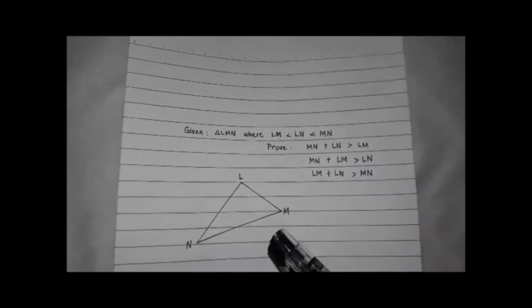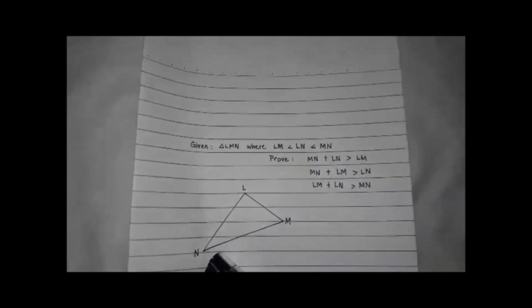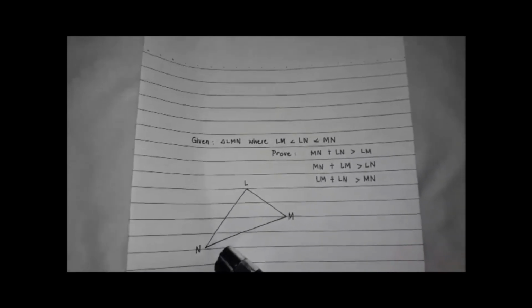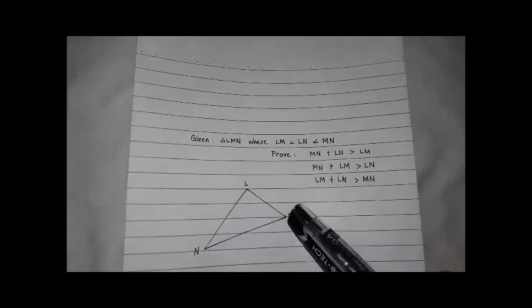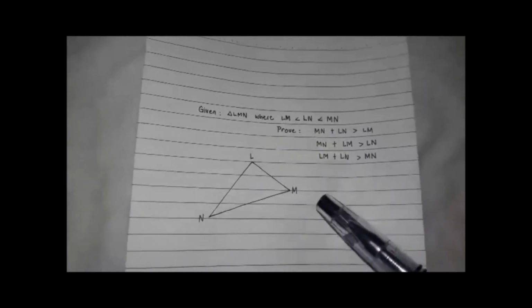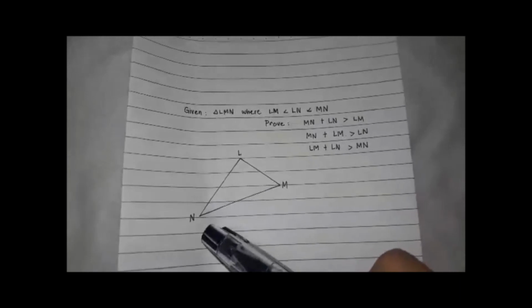Then it's obvious that MN plus LM is greater than LN and MN plus LN is greater than LM are true. Hence, what remains to be proved is the third statement. LM plus LN is greater than MN.